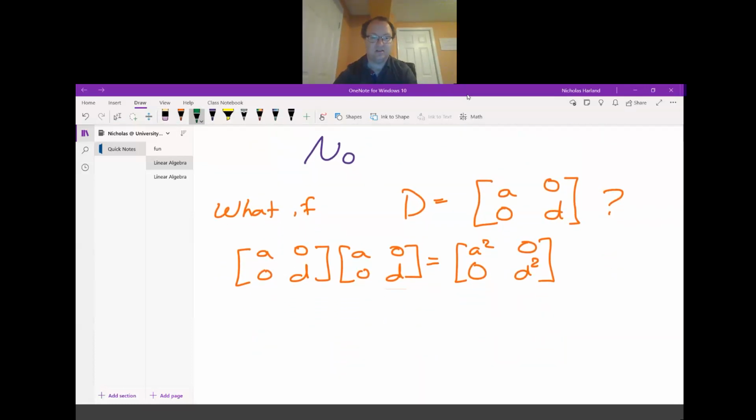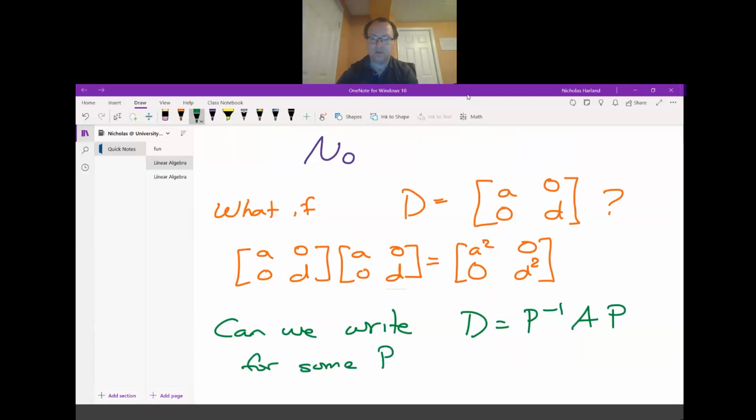Specifically, can we write D equal to P inverse A P for some P? We want to answer this question, and this is called diagonalization. So taking a random matrix A, can we diagonalize it? Can we make A similar to a diagonal matrix?